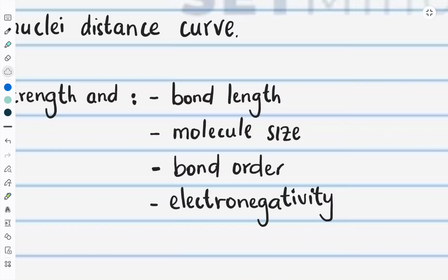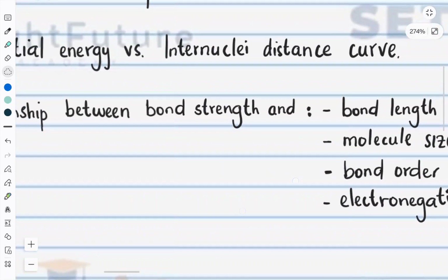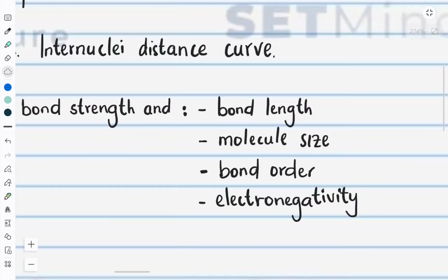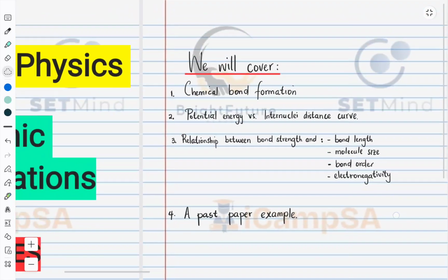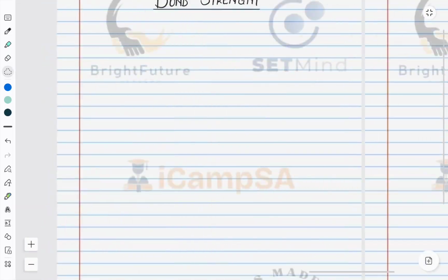You might find that the triple bond has a lower bond length than the single bond, and therefore the triple bond will have a higher bond strength than the single bond. So the bond length and bond order are related in a sense. We don't look at them individually. Okay, so that's our next focus point now, bond strength.